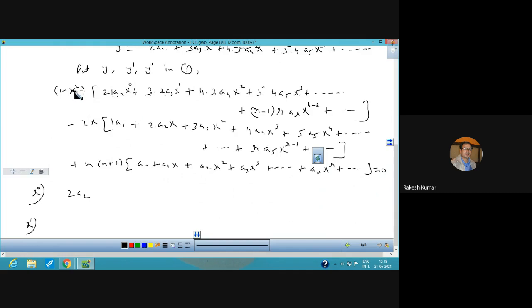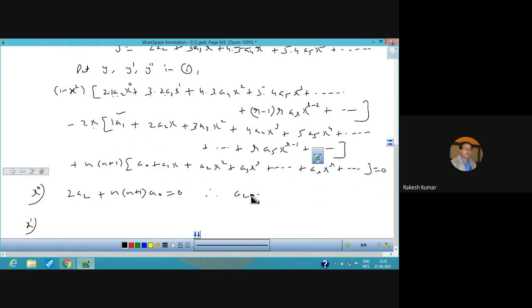Now what about this x square, जब multiply होगा तो x square आ जाएगा, x cube आ जाएगा, x4 आ जाएगा and so on. तो x square जब इनके साथ multiply होएगा तब x raised to power 0 नहीं आ रहा है, इसलिए सेकंड टर्म में भी जब x मल्टीप्लाई होगा तब भी x रेज टू पावर 0 का कोफिशिएंट यहाँ नहीं आएगा. हाँ, यहाँ पर होएगा, यहाँ पर है कोफिशिएंट x रेज टू पावर 0 का, and the coefficient is a naught and together with n into n plus 1 a naught, and that is equal to 0.